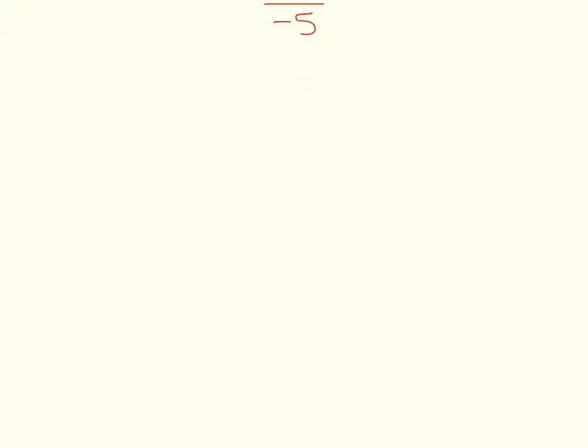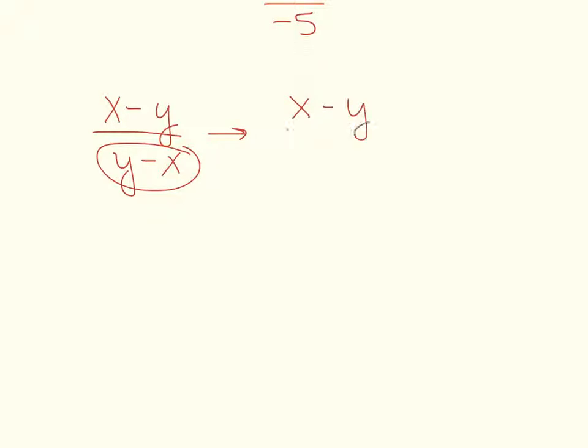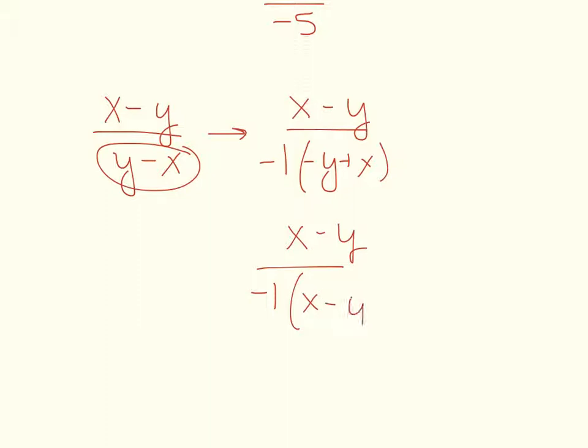The other thing that bears some mentioning is that when you have something like this, let's say x minus y over y minus x, so both subtractions but in the wrong order, what you can always do is factor out a negative 1 from one of them. So I'm going to leave my x minus y on the top, and in the denominator, if I factored out a negative 1, that would give us negative y plus x, which in fact is x minus y.